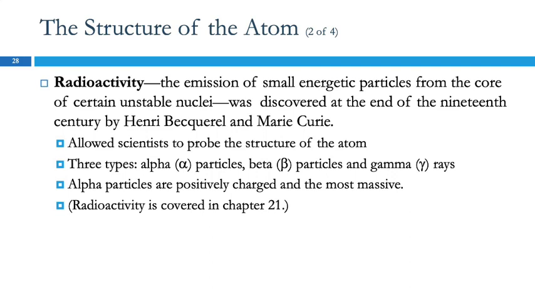But knowing about radioactivity allows scientists to probe the structure of an atom. There are three different types of particles: alpha particles, beta particles, and then gamma rays, which technically are not particles. The alpha particles are positively charged, and they're the largest of the radioactive particles. And for more on radioactivity, come back for Chem 1B, Chapter 21.